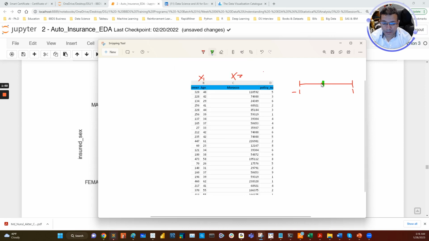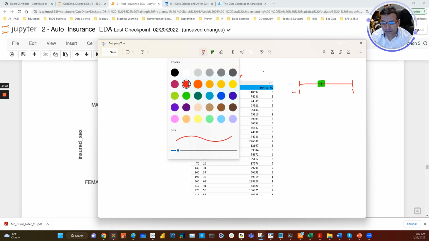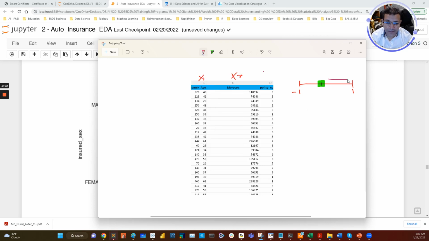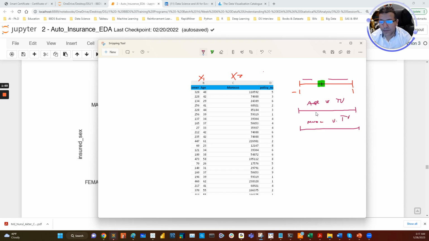If their correlation is closer to 1 or closer to -1, we need to remove one of them. Which one to remove? Then we are going to look at age versus the target variable, and also Morocco versus the target variable. So let's find this first.